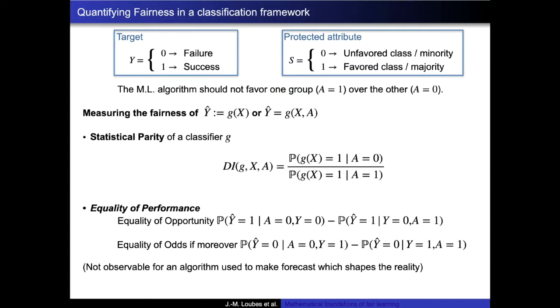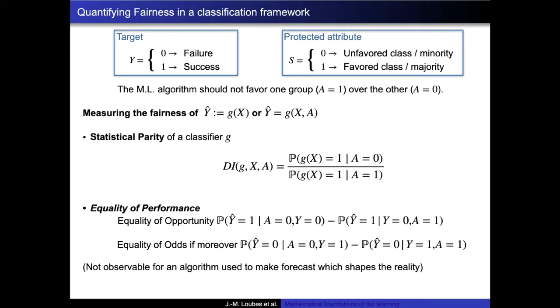That describes what is called statistical parity, which corresponds to the first example I showed you. That means that the variable should not play any role in the decision.